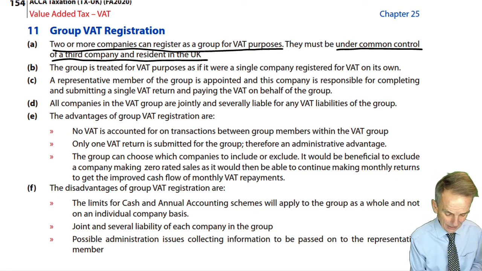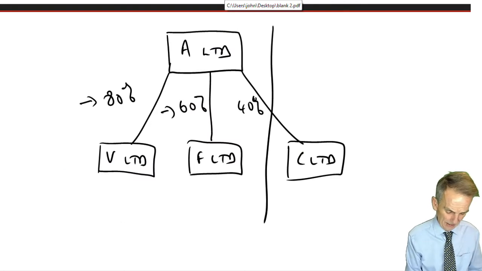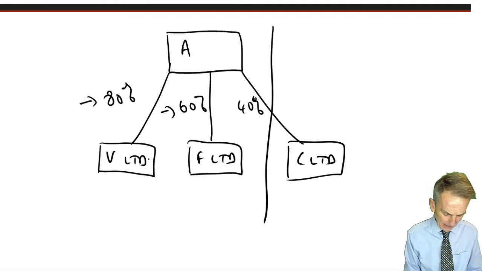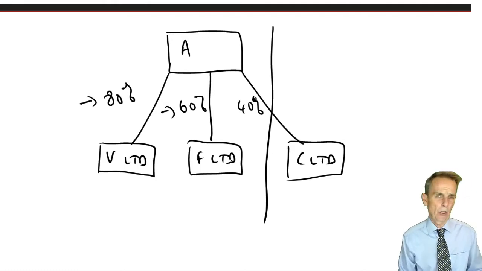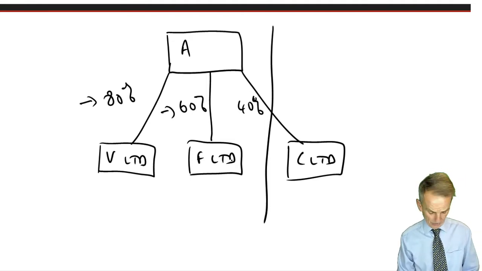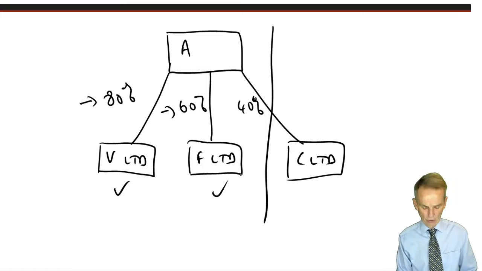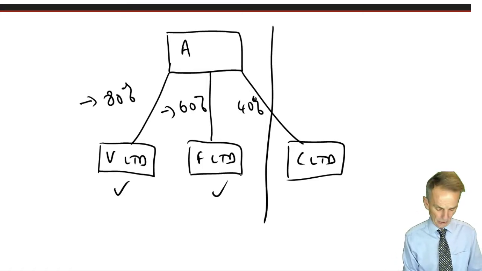In point of fact, if you had a situation where it wasn't A Limited, but an individual or even, say, a partnership, not necessarily a trader registered for VAT, then V Limited and F Limited would be under common control of A, the individual, or A, the partnership, in which case V Limited and F Limited would still be eligible for a group VAT registration. They are under common control.